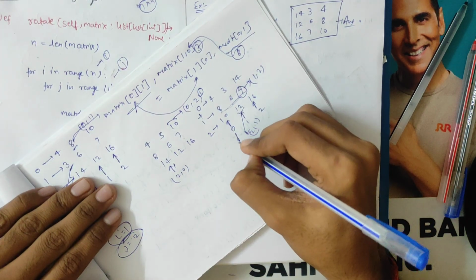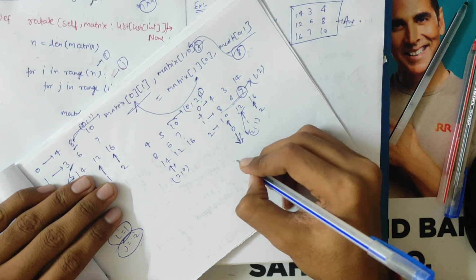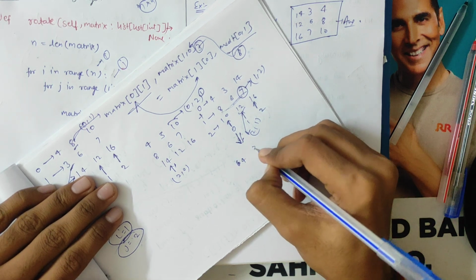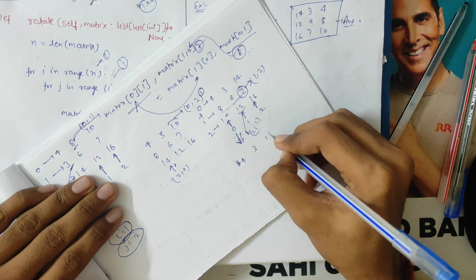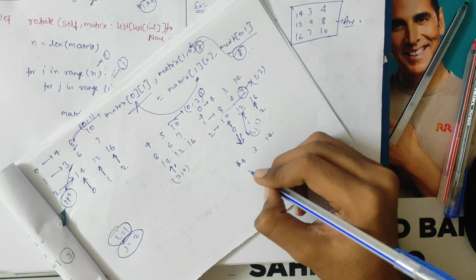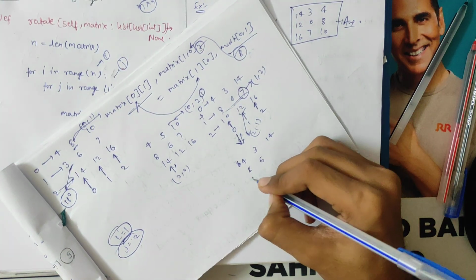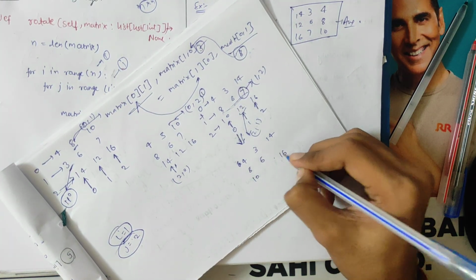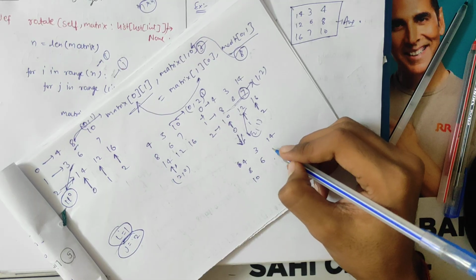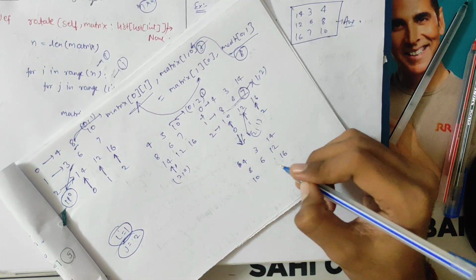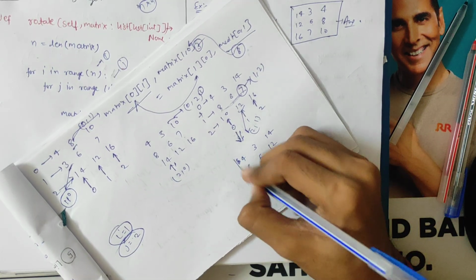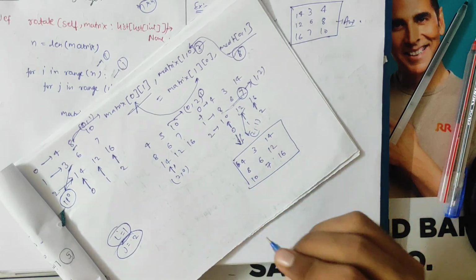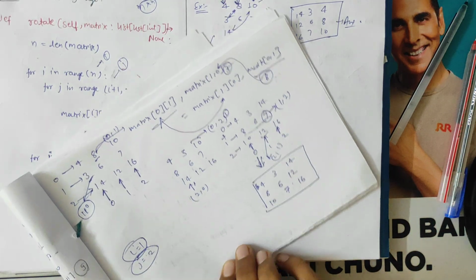After performing this operation, 12 will come here, and 7 will come here. So the matrix is 4, 3, 14, 8, 6, 12, 10, 7, 16.